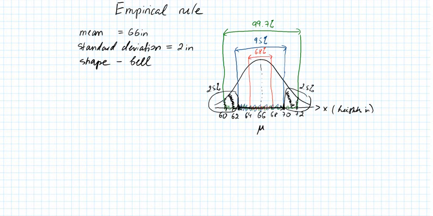What about outside of 72 and outside of 60? Now, if we know that between 60 and 72 we cover almost 99.7%, that means we have 0.3% left below 60 and above 72. So this shaded area is really small. You can still find people that are taller than 72 inches.